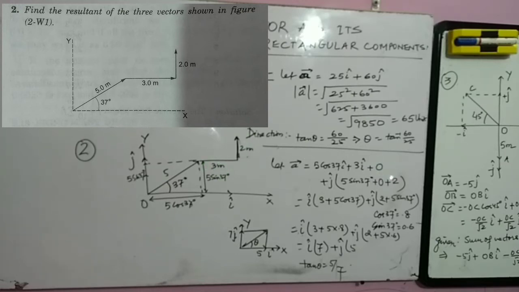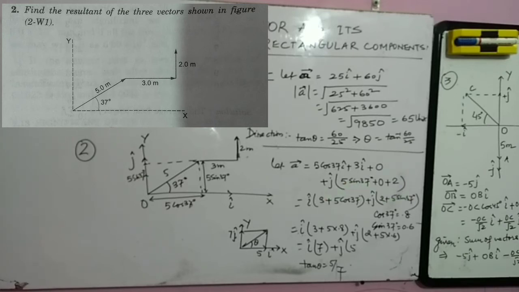The j component will be equal to 0. Now 2 m is going along the y direction, but it does not have any component on the x-axis. So x-axis 0, but along the y-axis it has got 2 meter. So this is 2j.